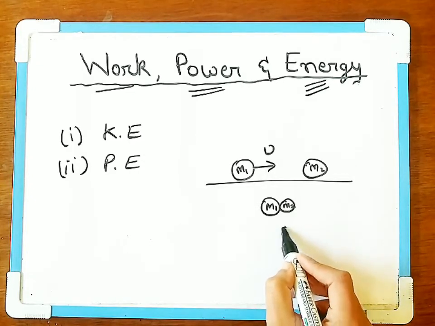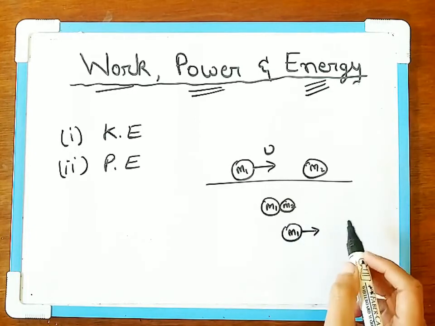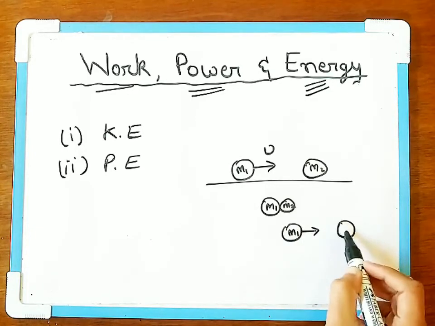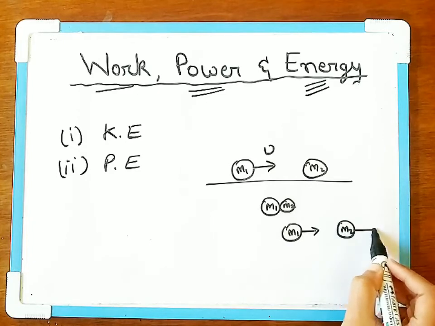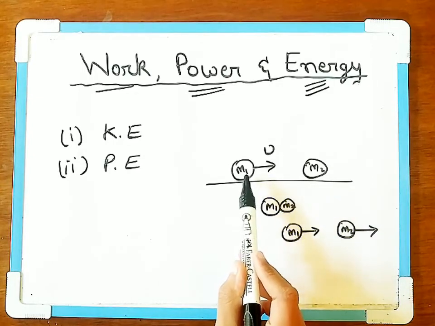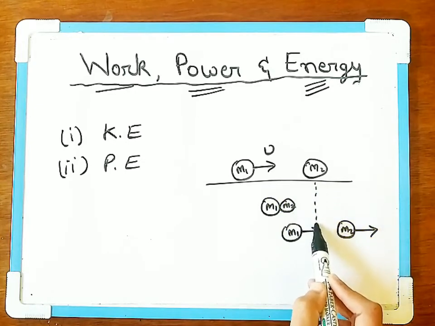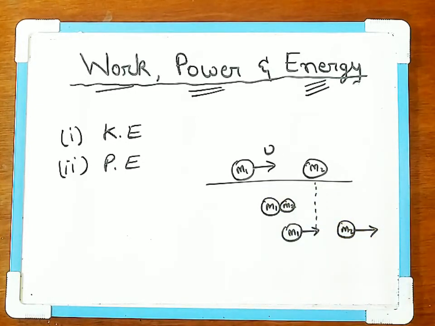M1 will usually change its velocity, and M2 also will start moving with some velocity. So we say that this object which is moving has the capacity to displace this object by some amount of displacement.